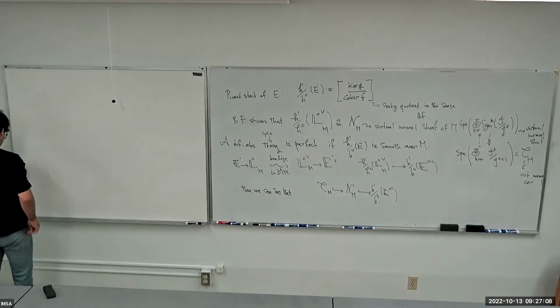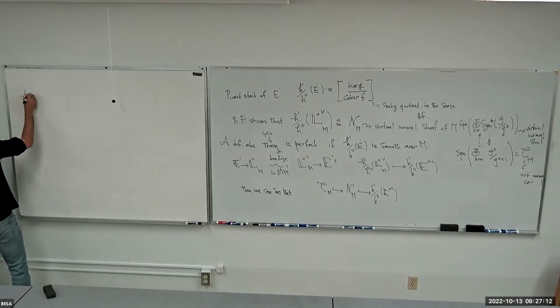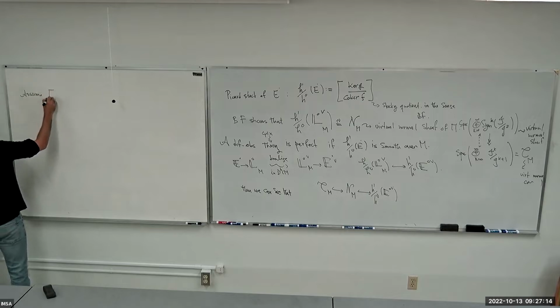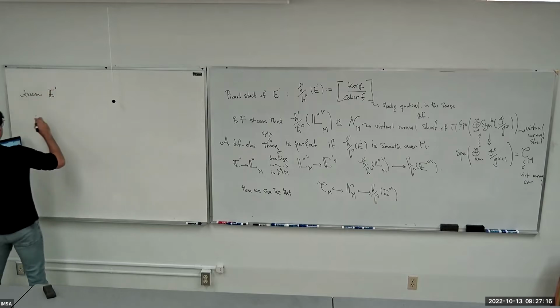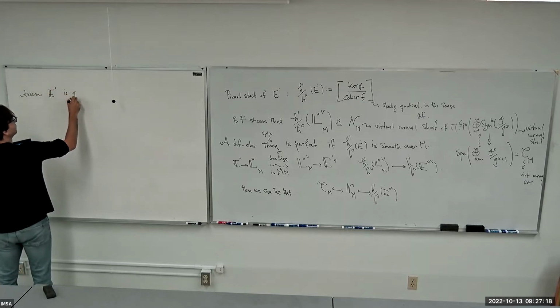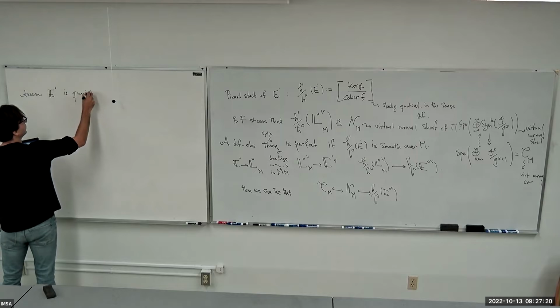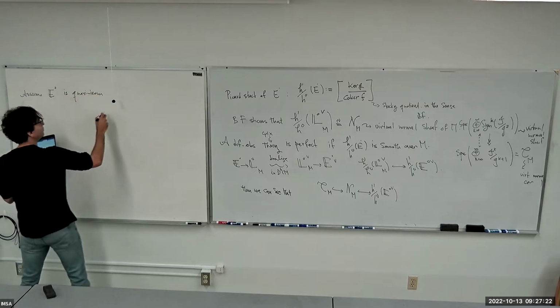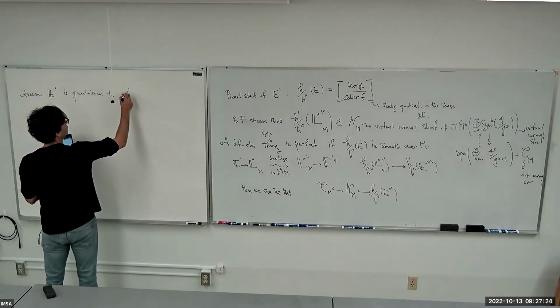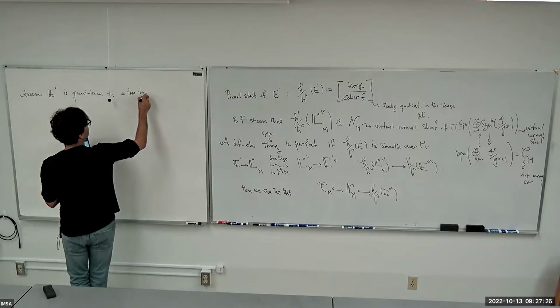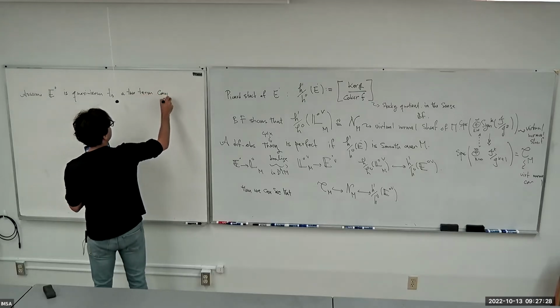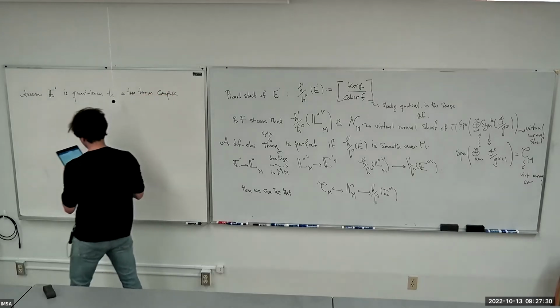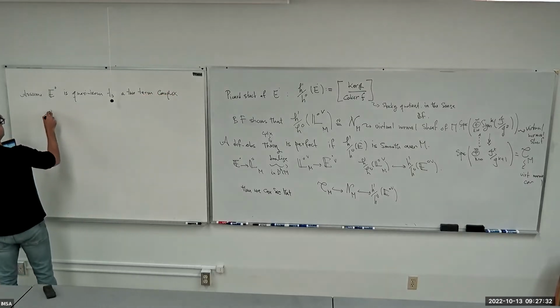So let us assume E dot is quasi-isomorphic to a two-term complex of vector bundles.